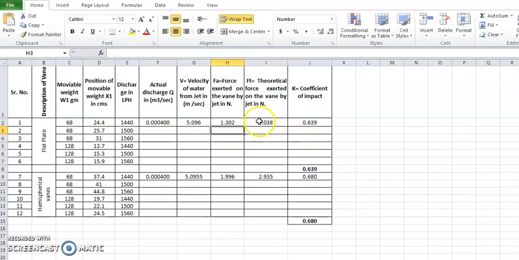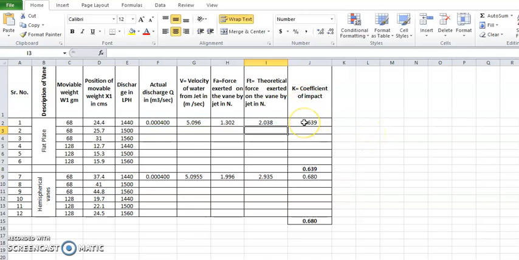And theoretical force, as per the analysis, you know that Ft is equal to rho a v square, or rho Q v. Rho is 1000, Q is given in meter cube per second here, and velocity is already calculated, so you can calculate the theoretical force.